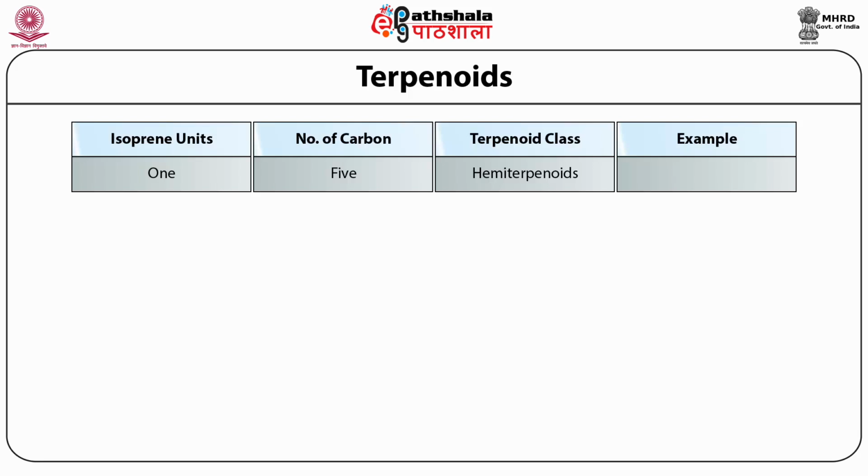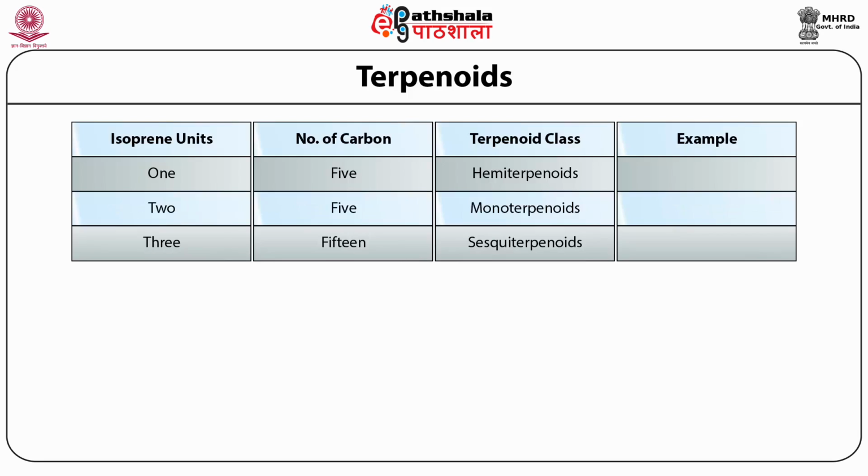Monoterpenoids, having 2 isoprene units, 10 carbon atoms. Sesquiterpenoids, bearing 3 isoprene units, 15 carbon atoms. Diterpenoids with 4 isoprene units and 20 carbon atoms.